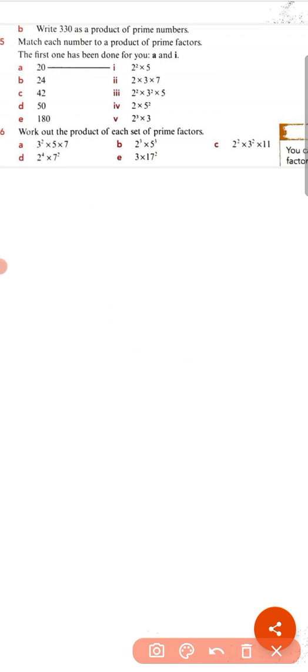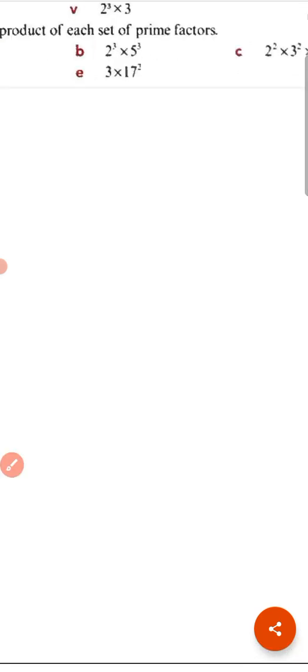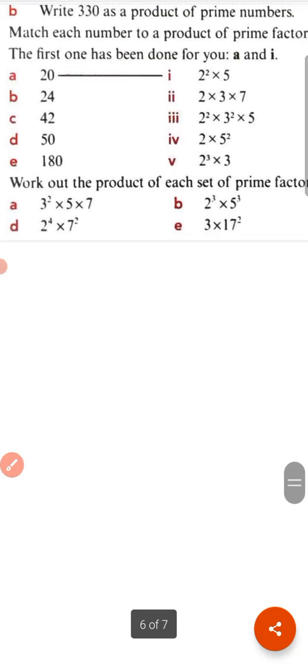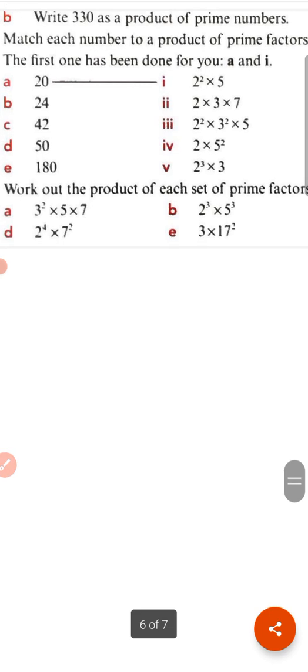Our next question is, match each number to a product of prime factors. Okay.